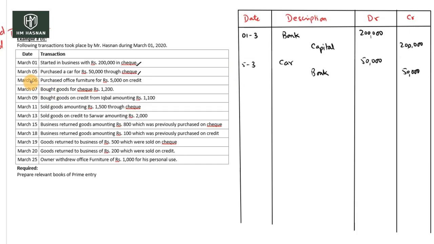Now the third entry is 6 March, purchase of office furniture, rupees 5,000 on credit. Credit means here is the liability, so we debit the office furniture.